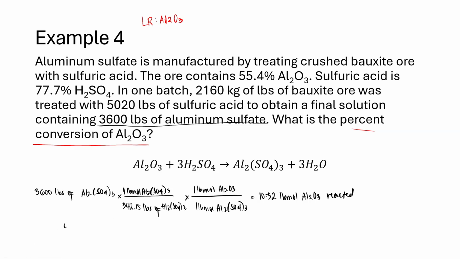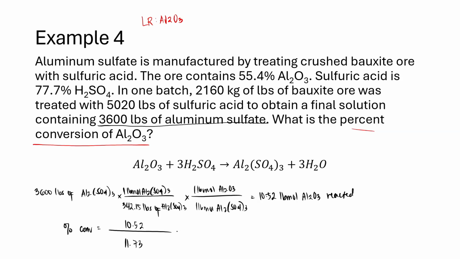So percent conversion, number of moles reacted, 10.52 over number of moles fed, which is 11.73. Yeah, 11.73, kasi 2,160 times 0.554 times 1 over 102.